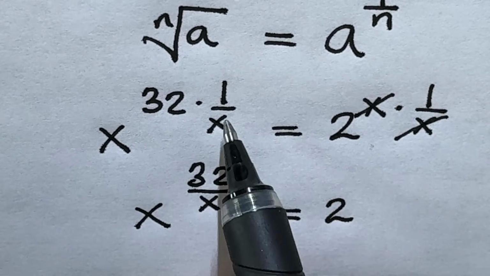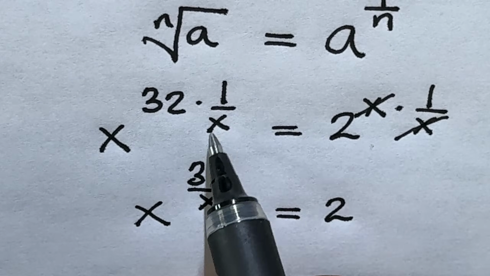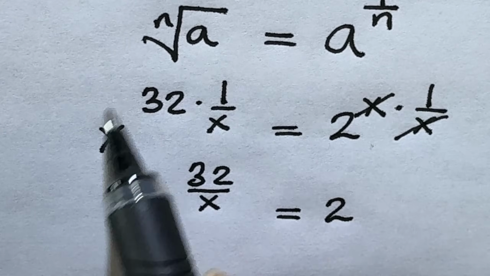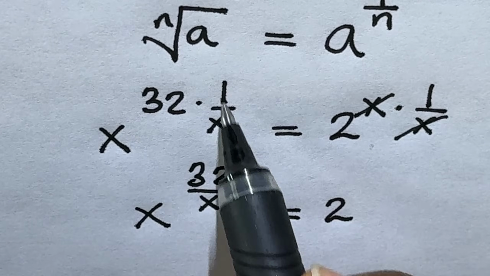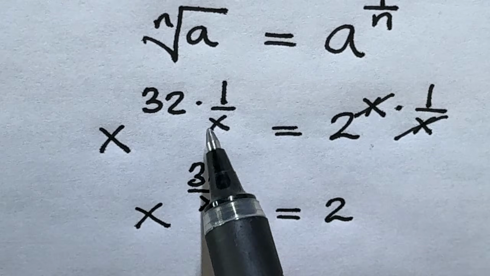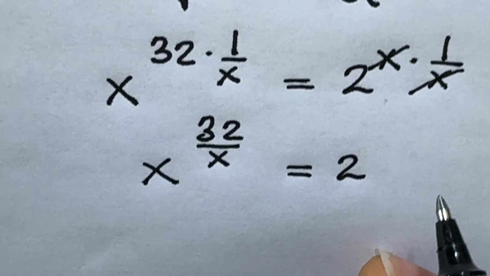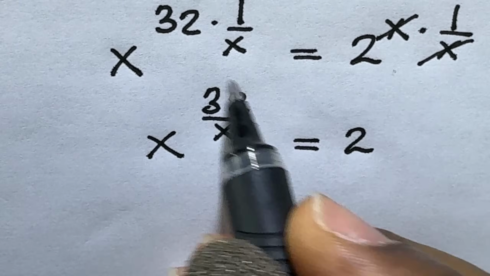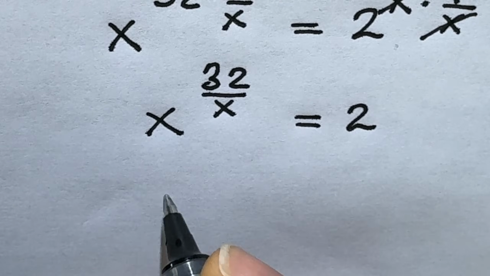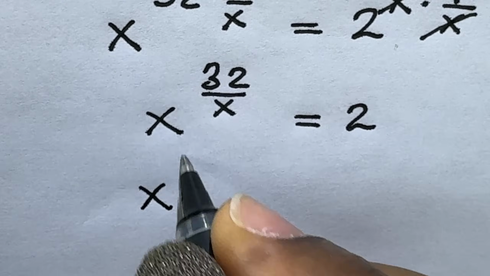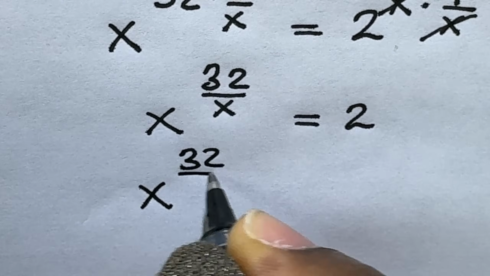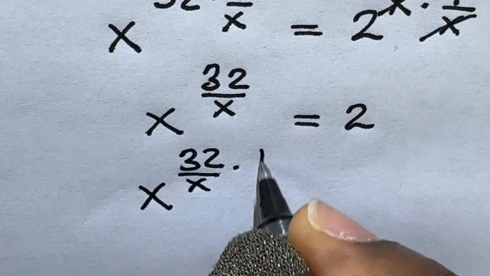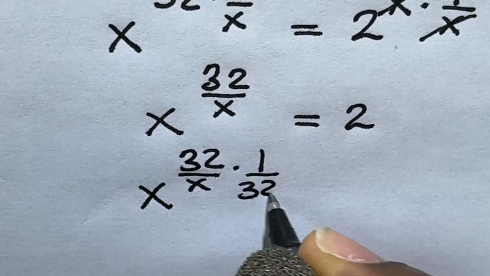Since we already know that x root is the same thing as saying that base raised to power the reciprocal of x, then we can also do the same thing for 32 by simply multiplying this power 32 over x by 1 over 32.